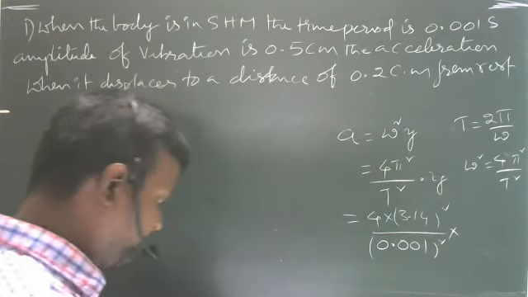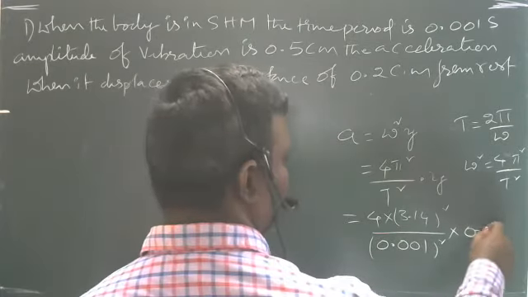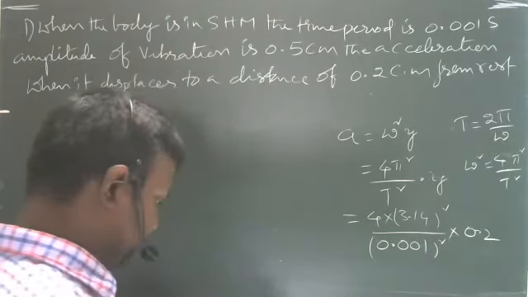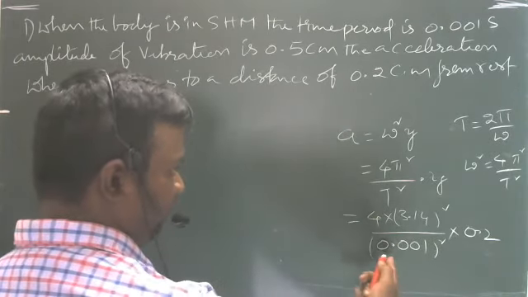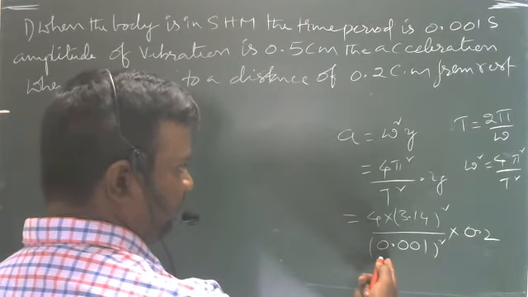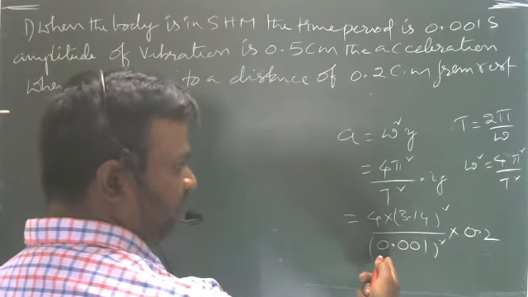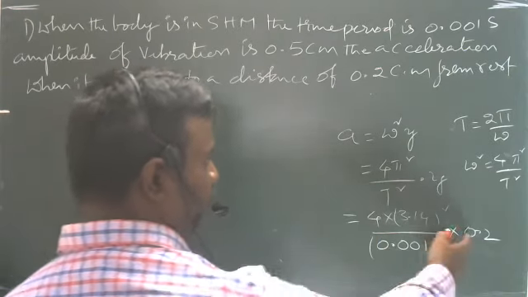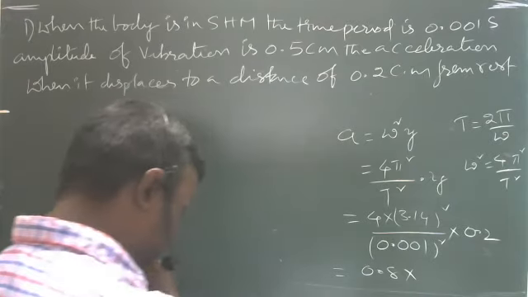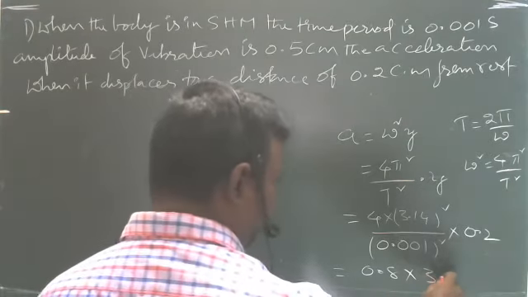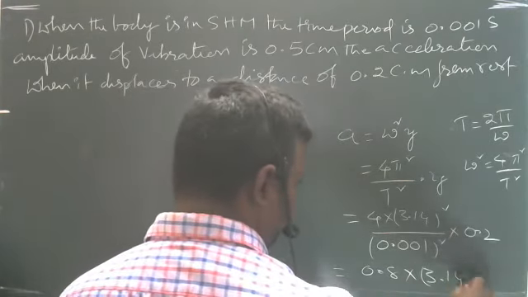What is the y value? It is given as 0.2. So this is 3.14 whole square, and what about this? This is 10 to the power of minus 3, so that becomes 10 to the power of 6. 4 into 0.2 is 0.8, 0.8 into 3.14 whole square.